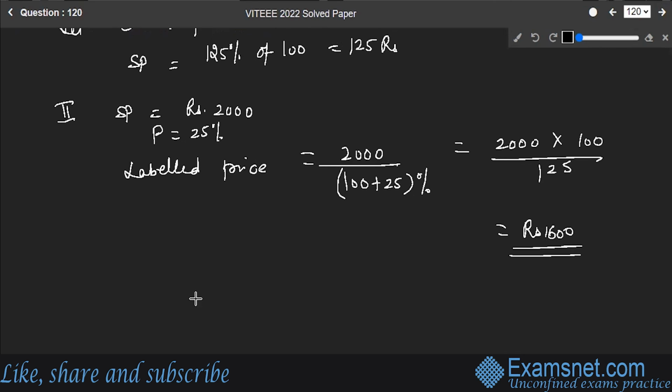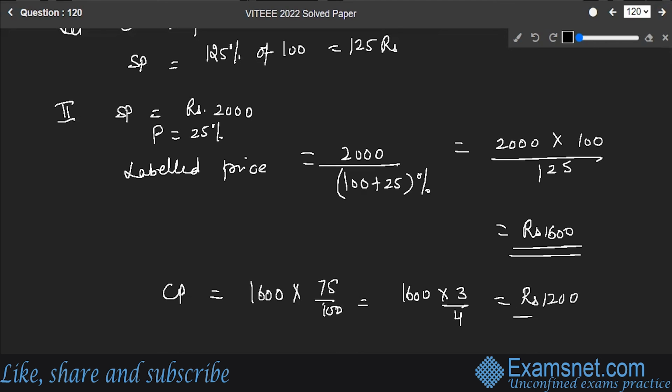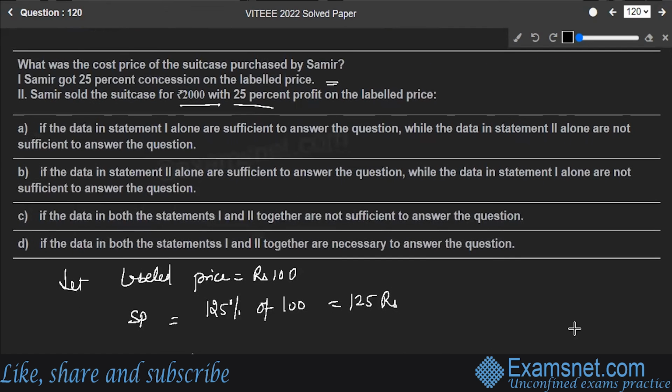Okay. Now, according to this, the cost price will be equal to 75%. So 1600 into 3 upon 4, that is equal to 1200. Okay. So that means if both the data are given to me, then I can find out the answer.